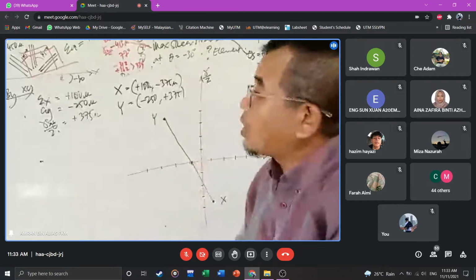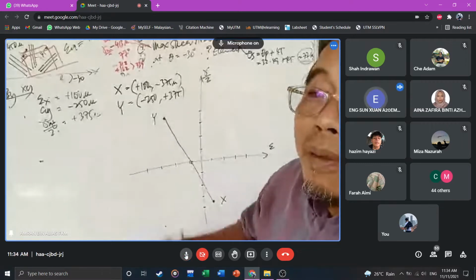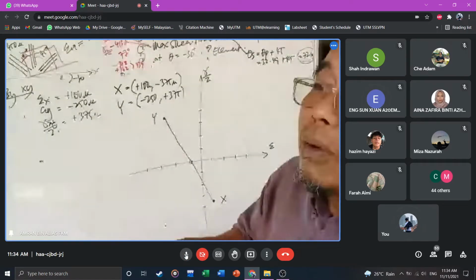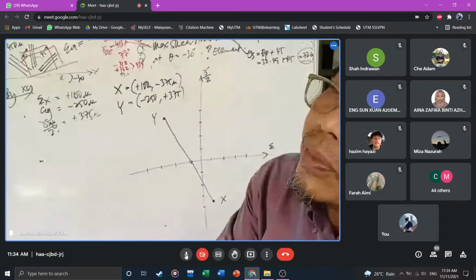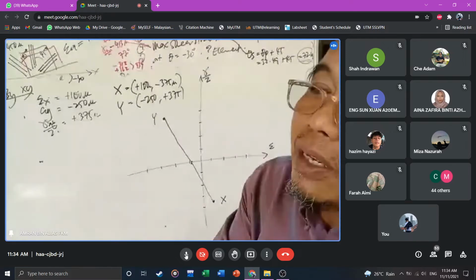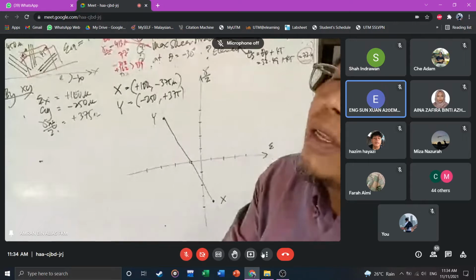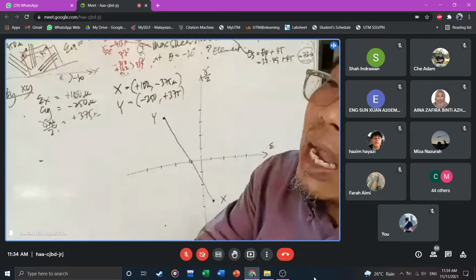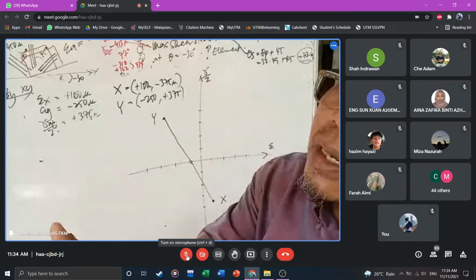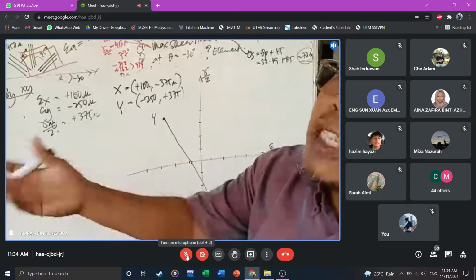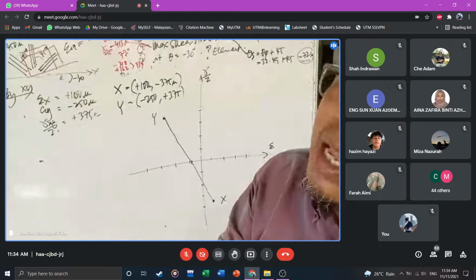How do you find the position of the center? Mathematics, say again. How do you find the center value? Average. What is the equation? A plus B divided by 2. X plus Y divided by 2. Are you with me?